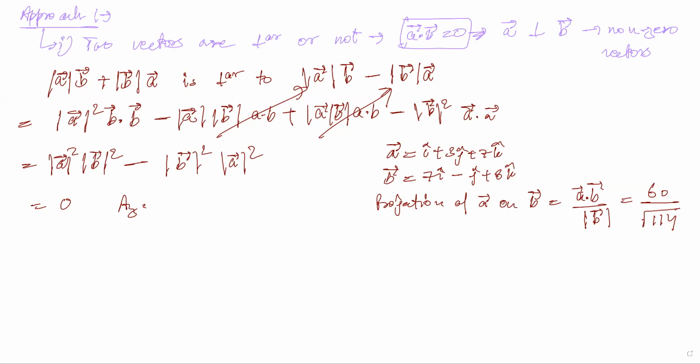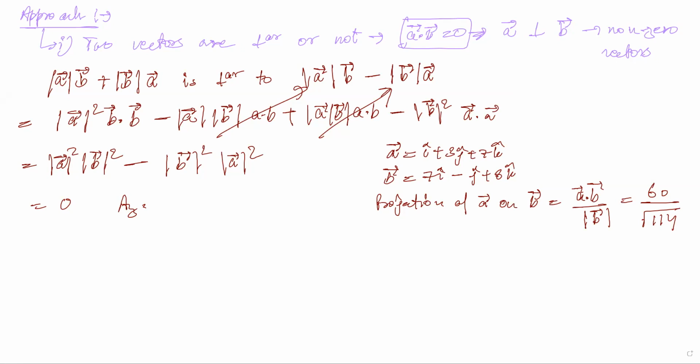Or we can also do one more thing. We can find out the dot product of a plus b plus c with itself, a plus b plus c. If we do so, we'll get 9 terms at first.